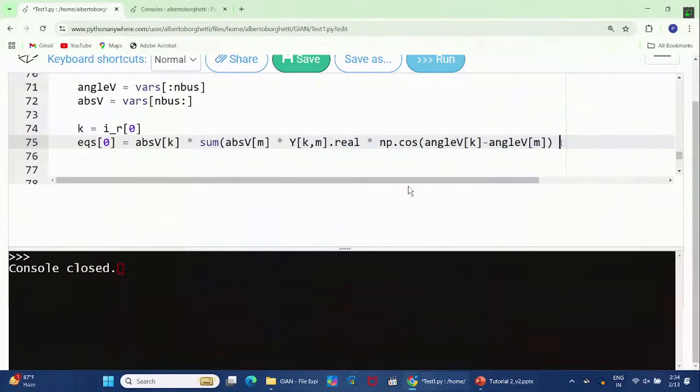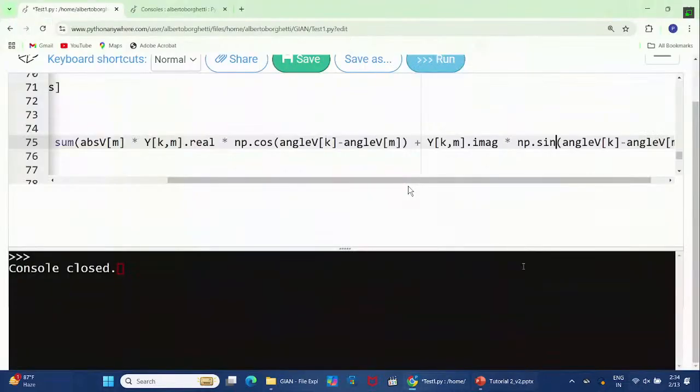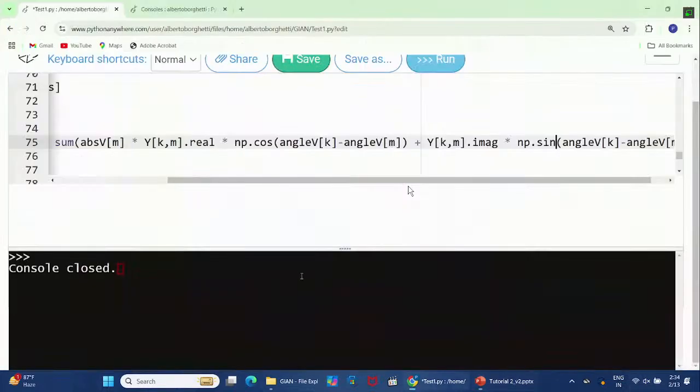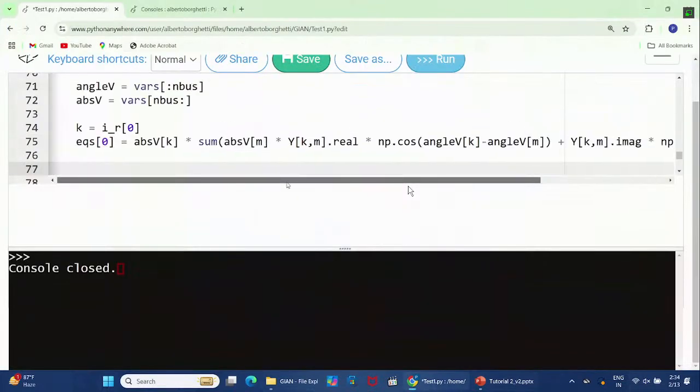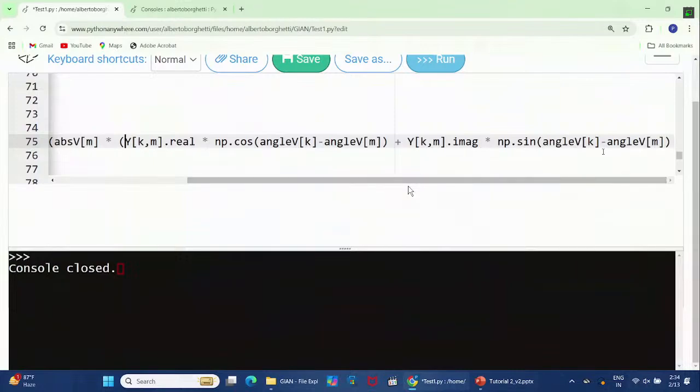So you see plus, and then this equation Ykm, the imaginary part, so imag, and then it is not the cosine, it is sine. So you see that the equation is the sine. The only thing is that this voltage needs to multiply both, so we need to put these two parentheses. So abs Vm multiplied by this, and then we can close at the end.